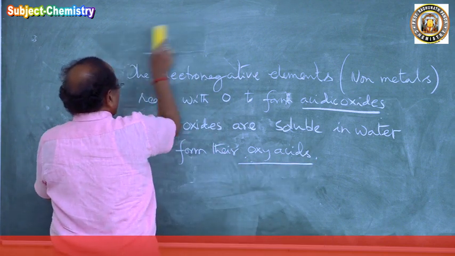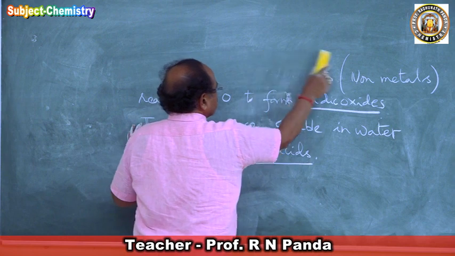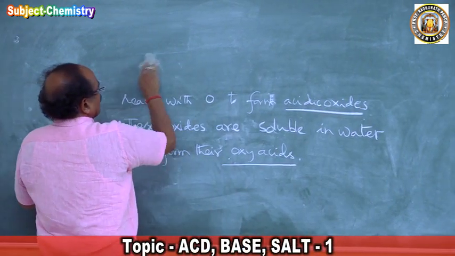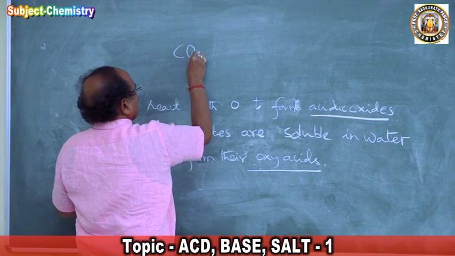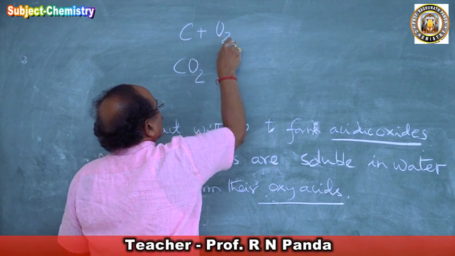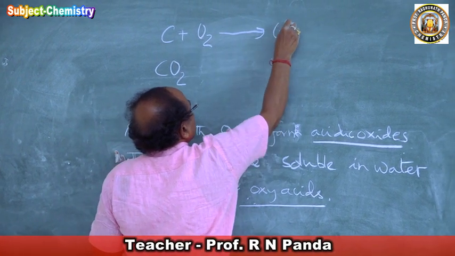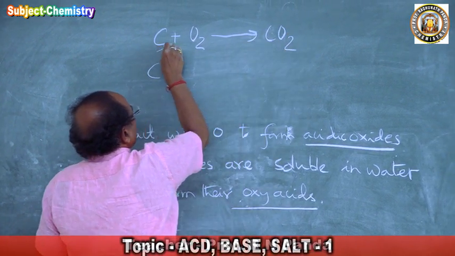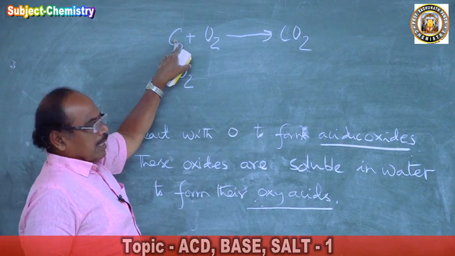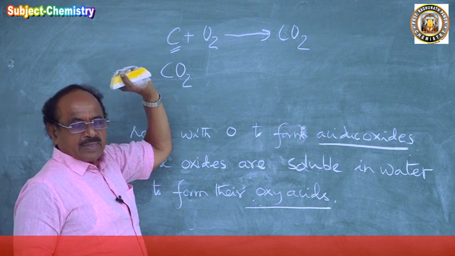Let's take one or two examples and write them and see here. If you come to carbon dioxide, carbon combines with oxygen to form carbon dioxide. Carbon is a non-metal, so an electronegative element.